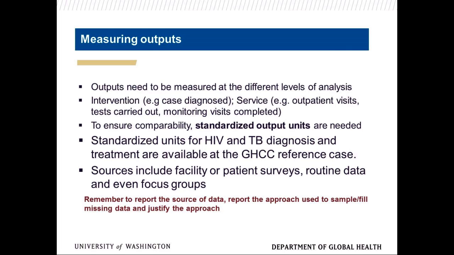We have standardized units for HIV. What does that mean? We're going to tell you what we think should be in an average TB test, an average HIV screen. We're going to tell you what components we think should be there. If you don't meet it, then you can say, we omitted these costs because we couldn't access them.